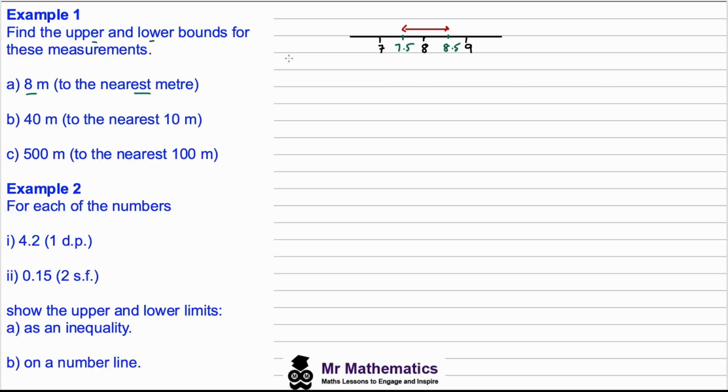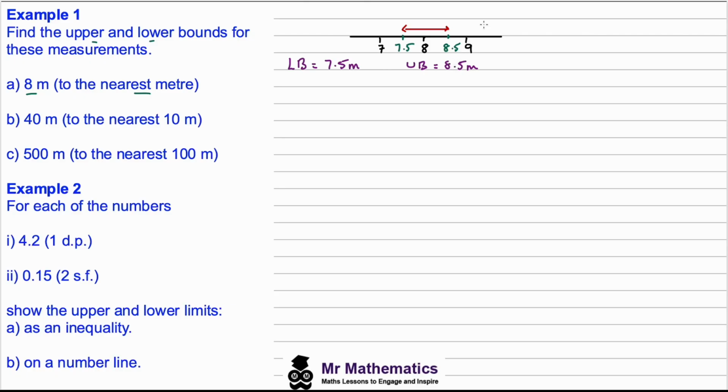So we say our lower bound will be the 7.5 meters, and the upper bound would be the 8.5 meters. Okay?